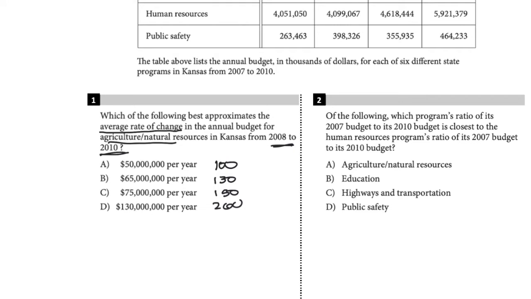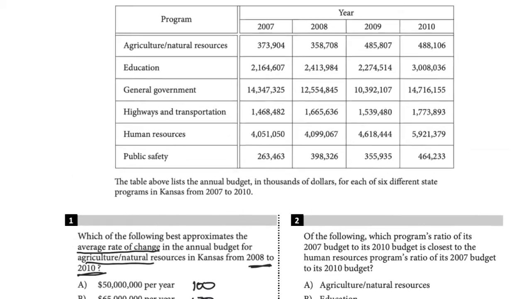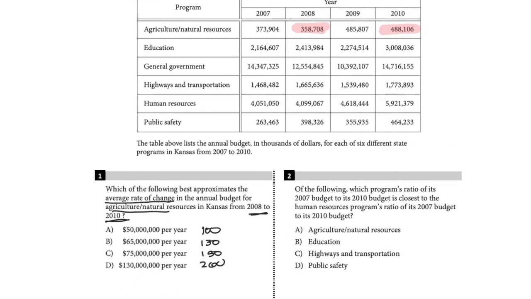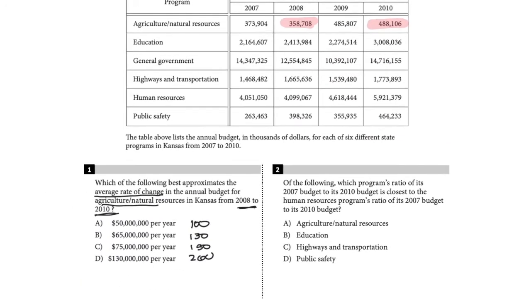So now all I'm going to do is come up to my table here, and look at agricultural natural resources 2008 and 2010. So here's agricultural natural resources in 2008, and here it is in 2010. Which one of these numbers looks like they would bridge that gap? Choice A is 100.